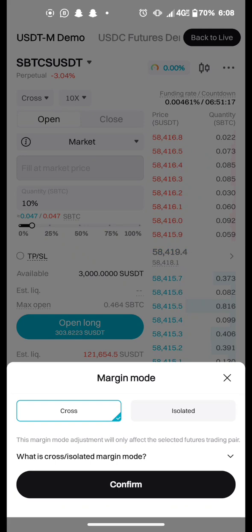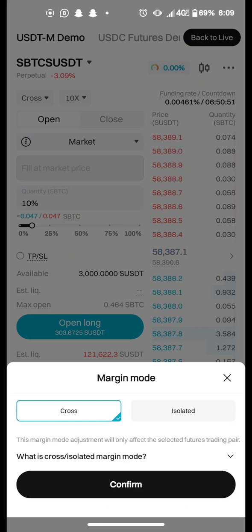Now look at this. If you trade with cross, when your margin of 10% is liquidated, meaning you have lost it to the market, it will cross over to the remaining 90% and keep moving gradually.